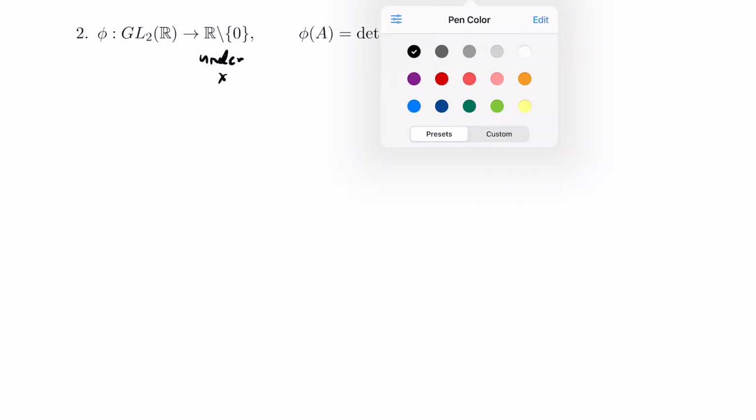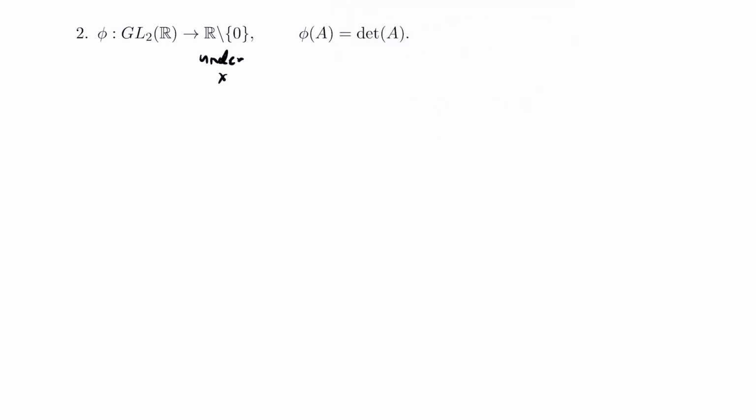So in our minds, what we think is you pick a random non-zero real number. Is there a 2x2 matrix whose determinant is this particular real number, R?